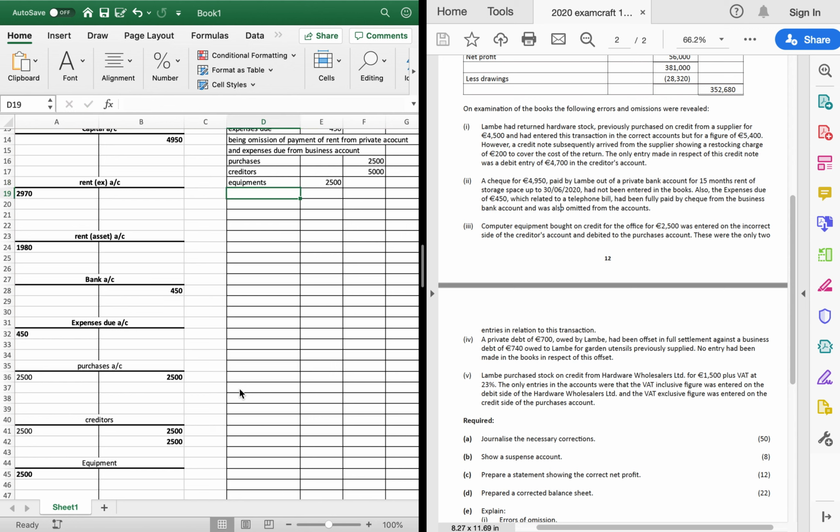So that should give you a suspense of 5,000 on the debit. So now both sides add up to 7,500. So being equipment treated as purchase of trading stock, something like that.